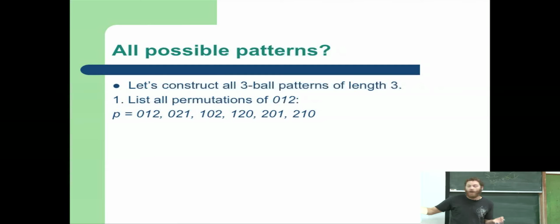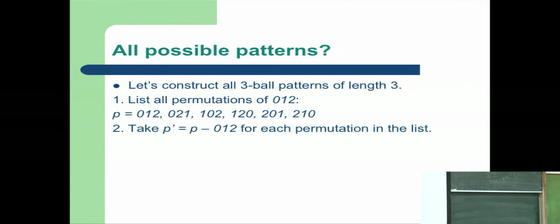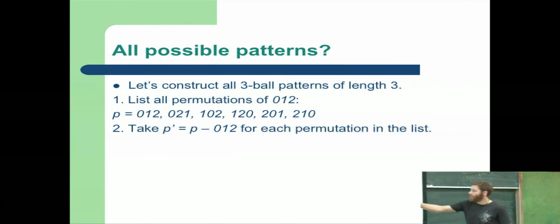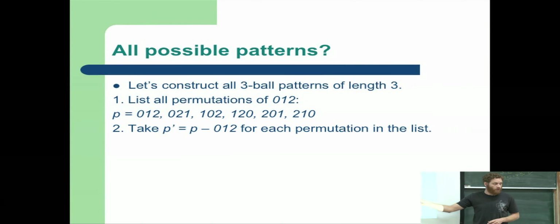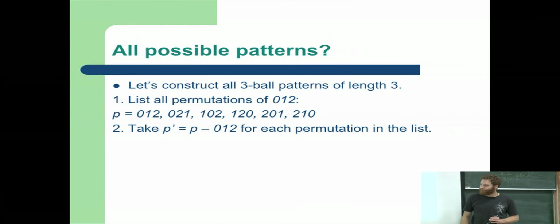So essentially, what we're doing in this algorithm is working backwards through the permutation test. We list all the permutations, and then one at a time, we take each of those permutations and subtract 0, 1, 2 from each permutation.